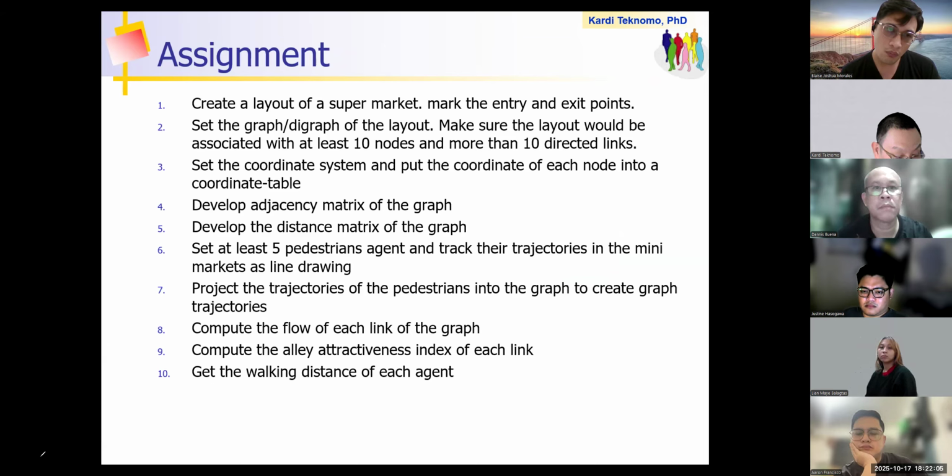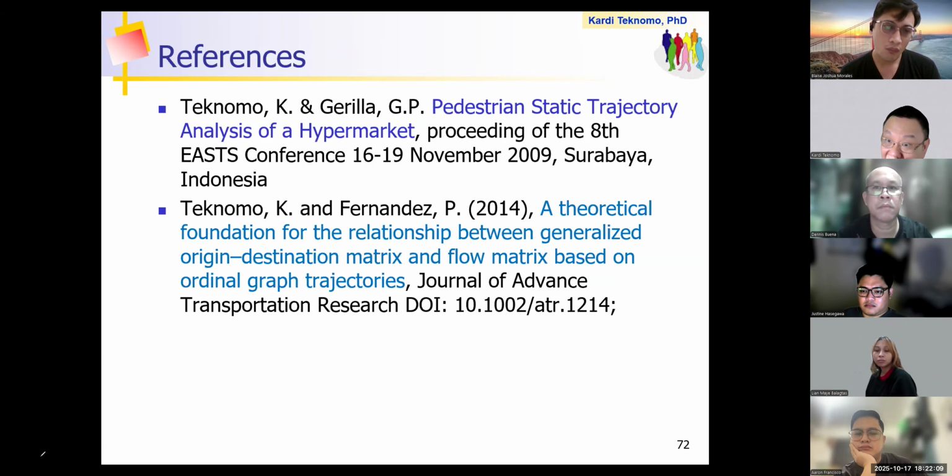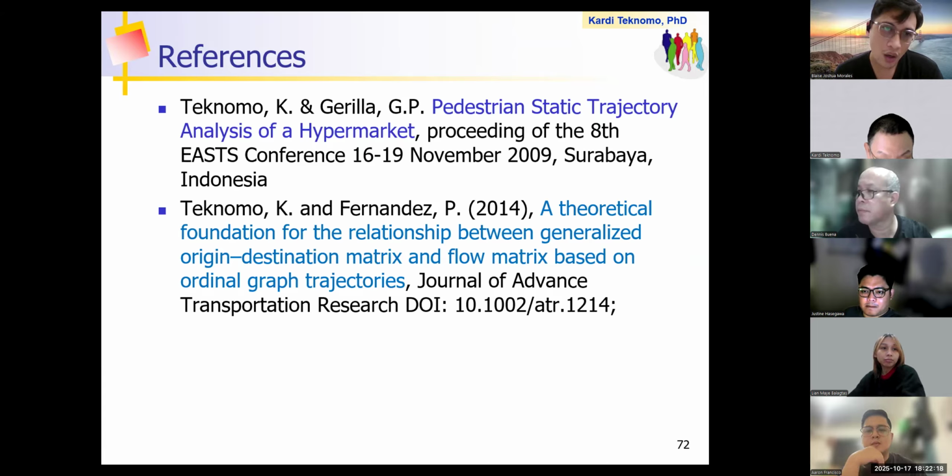And I put that paper there in Moodle, so you can also download it if you are interested. Up to this point, is there any question or discussion about this topic on pedestrian?